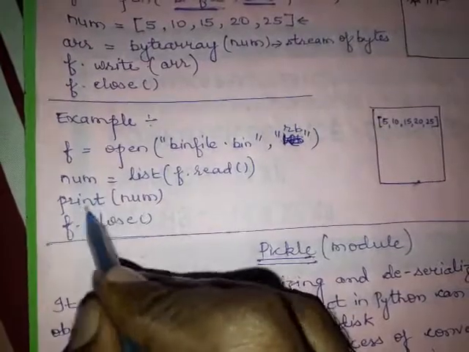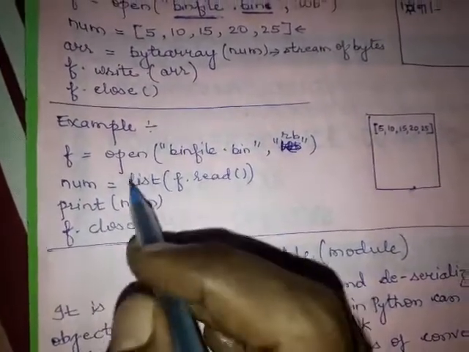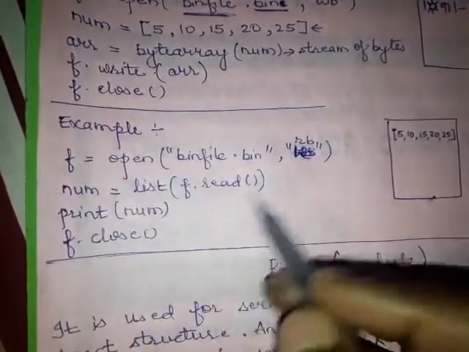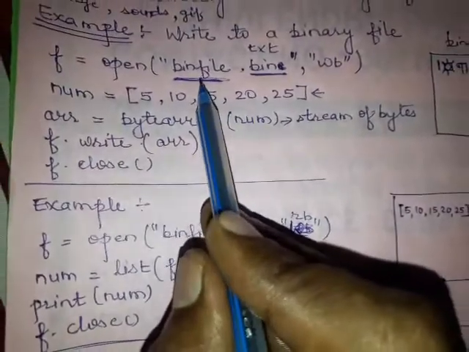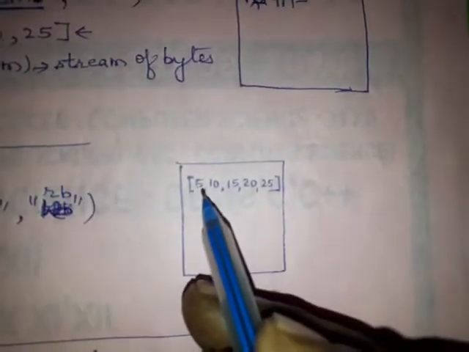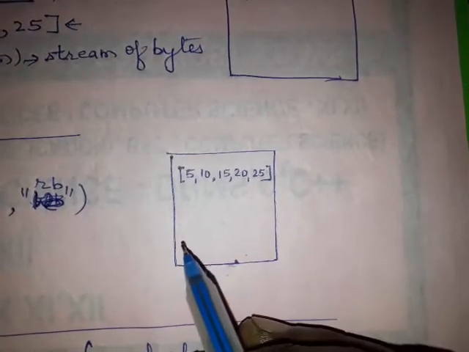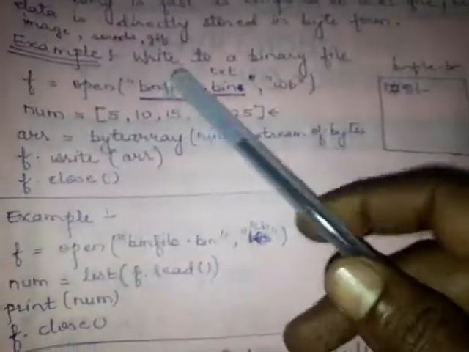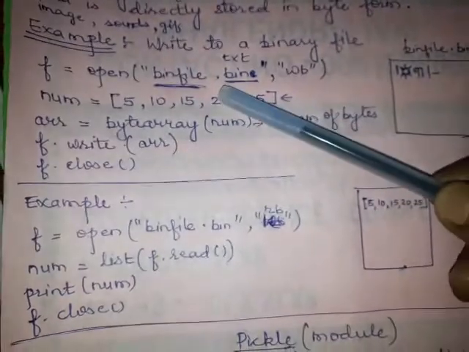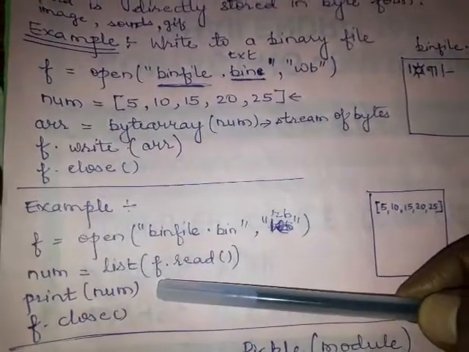Now we print num, then close. When you run this code, after first writing the file, our output will be again our list. So this is the method to write in a file and to read from the file.